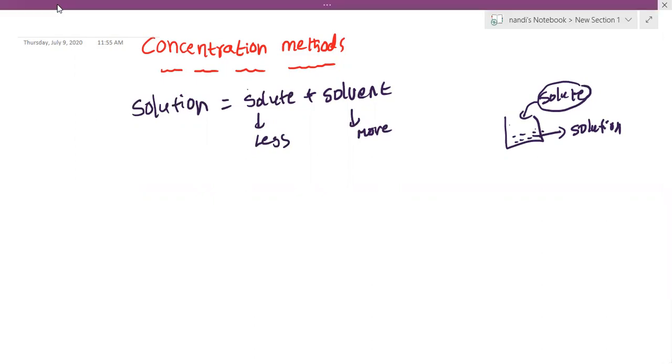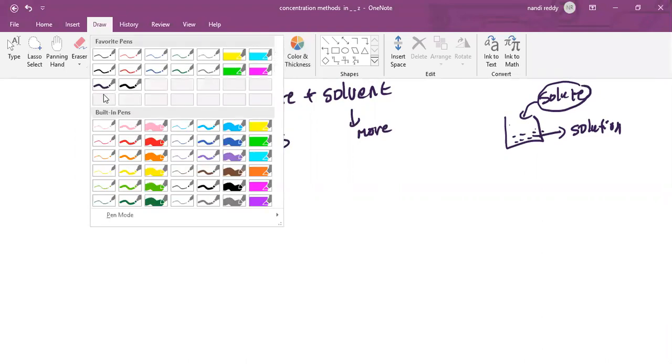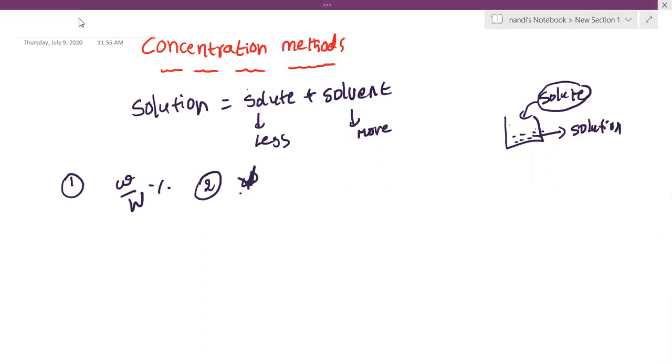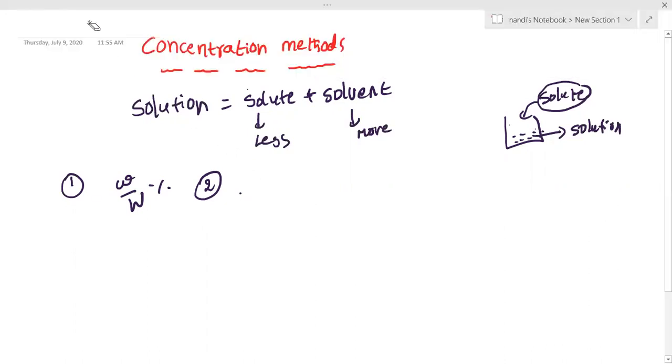So the first method. For all these methods, our target is very simple: finding the amount of solute in a given solution. So I'm writing a list of these. First one, W by W percent. Second one, V by V percent.